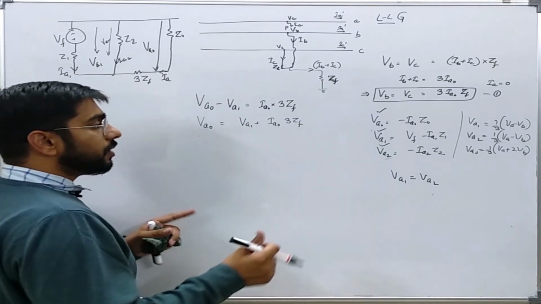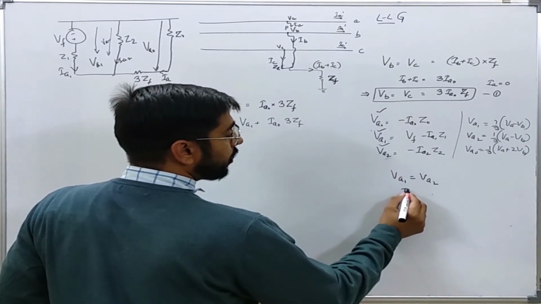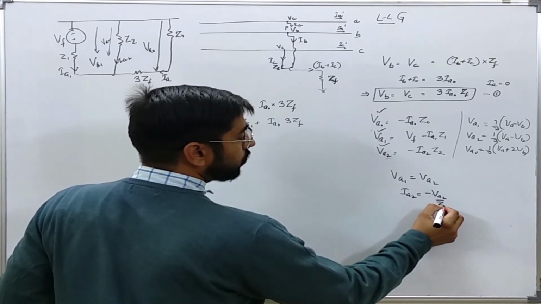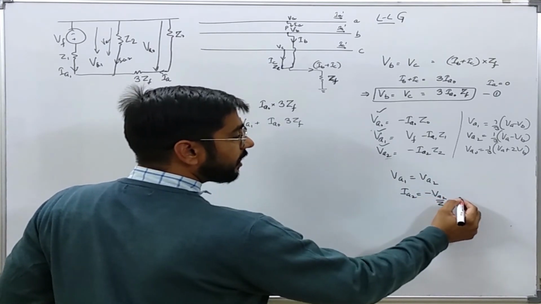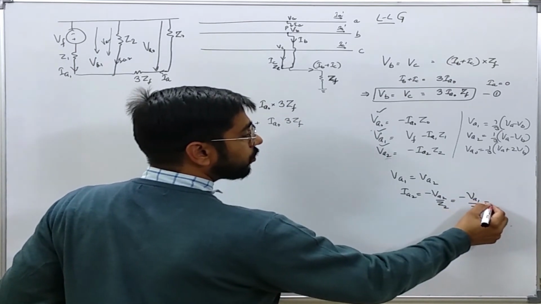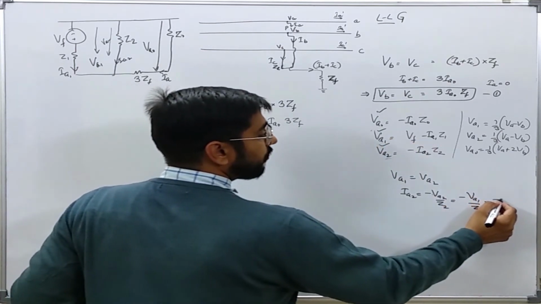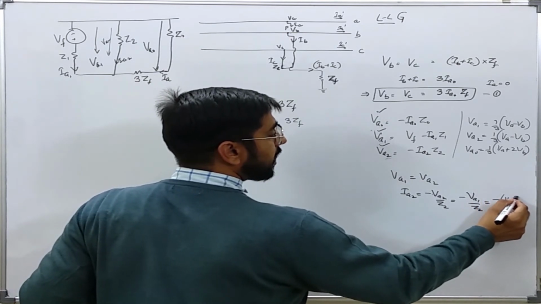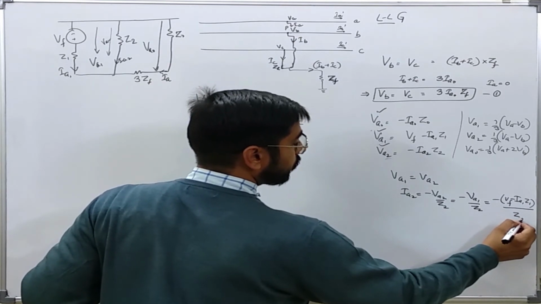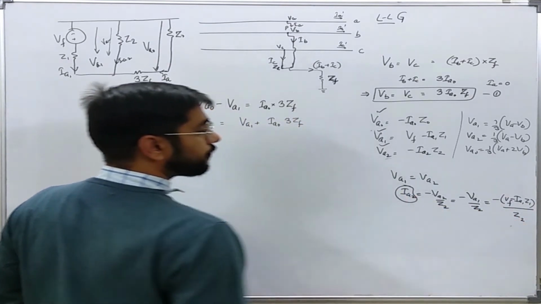So IA2 is nothing but minus VA2 over Z2, but VA2 is equal to VA1, so it is minus VA1 over Z2, but VA1 is VF minus IA1 Z1, over Z2. So this is the value of IA2.